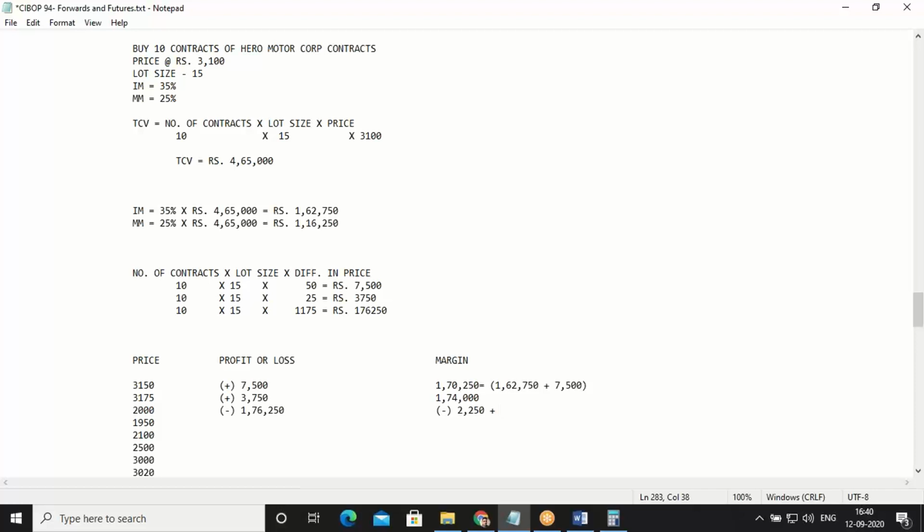So how much money should we add back? 1,65,000. Okay. 1,65,000 is what needs to be added back to the margin account to continue with the contract.